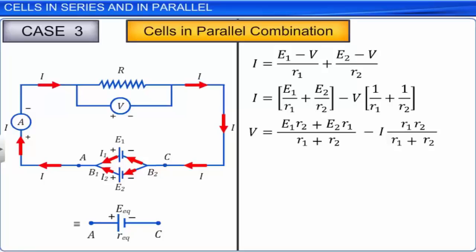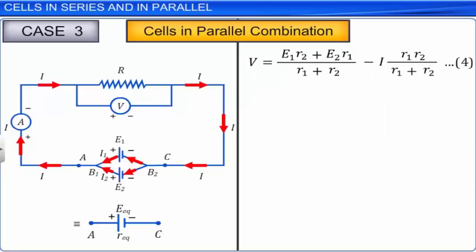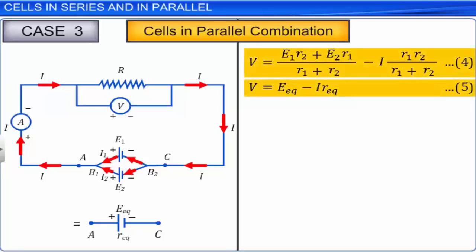We can replace the combination of two cells with one cell of EMF, EEQ, and internal resistance, REQ. We can now write V is equal to EEQ minus I into REQ. Let this be equation 5. From equations 4 and 5, we can write EEQ equal to E1 R2 plus E2 R1 divided by R1 plus R2.